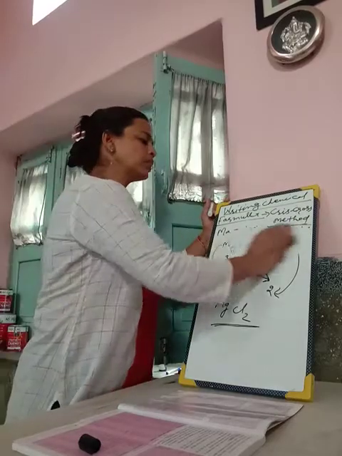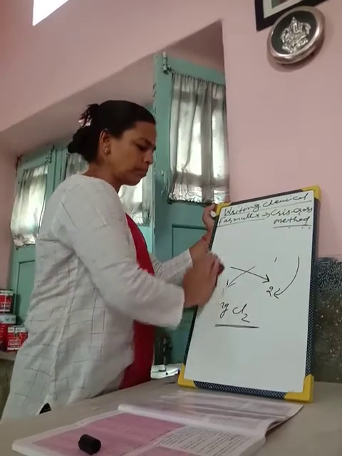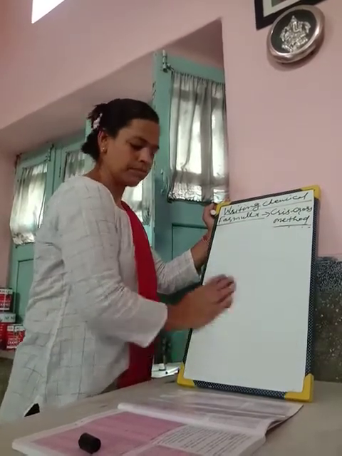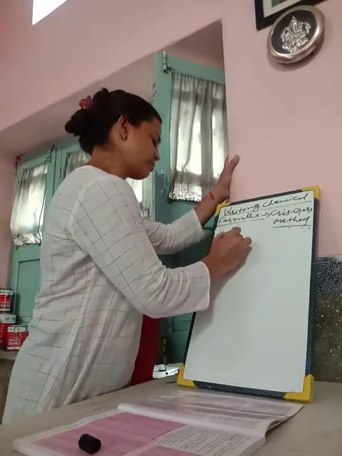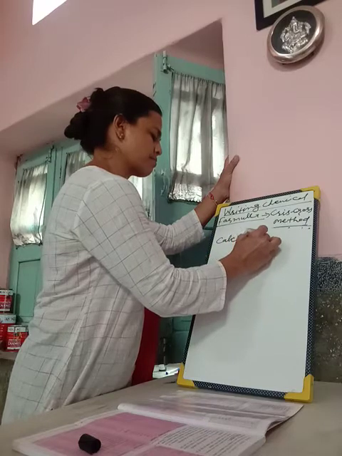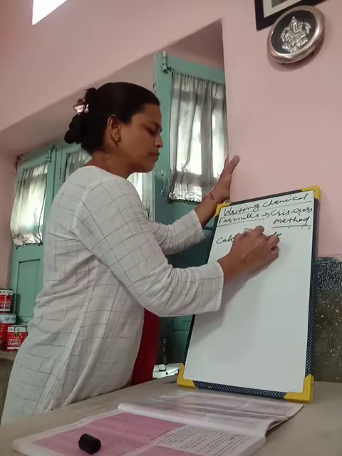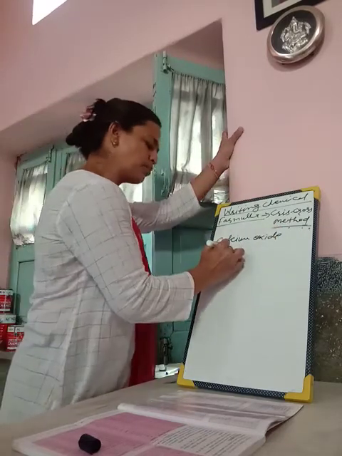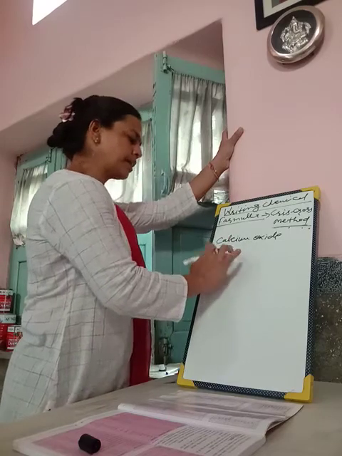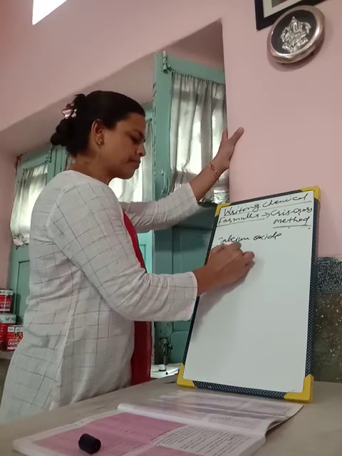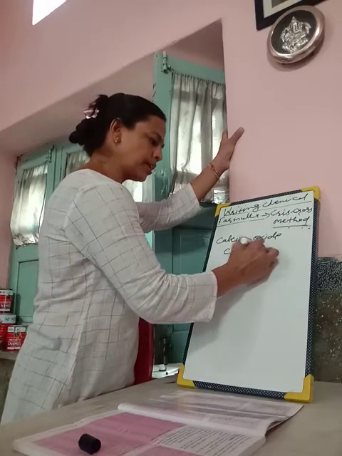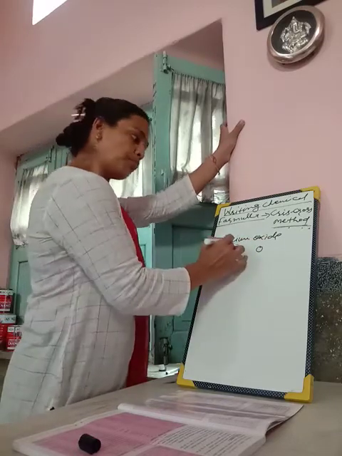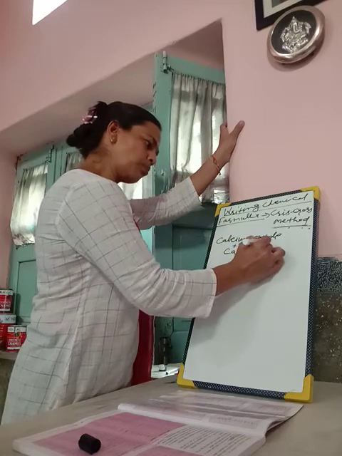Take one more example. Calcium oxide. Write the symbol of calcium. It is Ca. And oxide is formed by oxygen, so we write here O. Put their valency at the top.